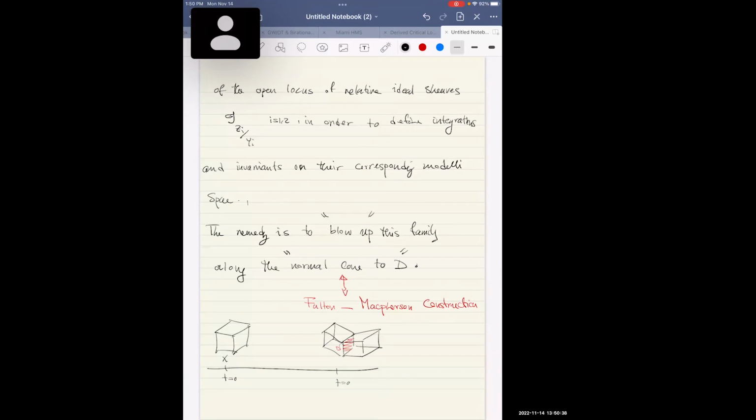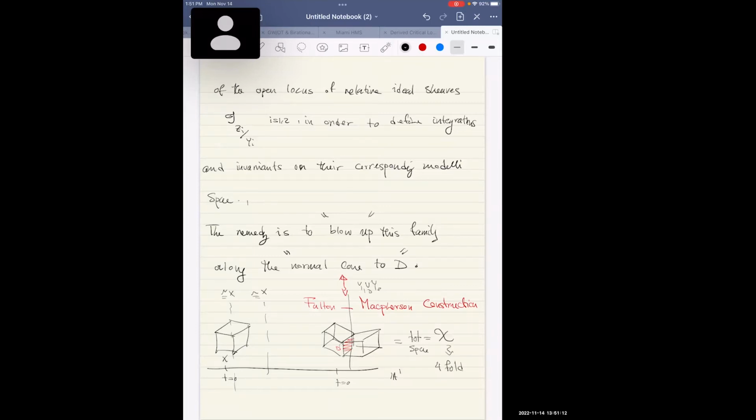Call the base of this family A1. On the generic fibers, I always have isomorphic copies of X. Only on the special fiber, I have Y1 union Y2 meeting along D. Call the total space of this family curly X. So curly X is obviously a fourfold.